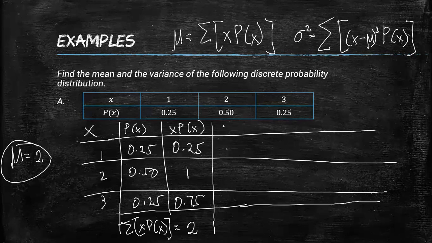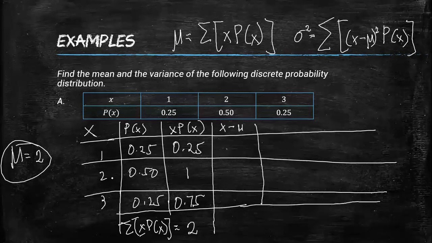Okay, so we have, ang uunahin natin class is yung pinakaloob. Okay? Which is x minus the mu. So, saan natin kukunin yung x? Dito sa column ng x. Ayan. Saan natin kukunin yung mu? Yung mu, kukunin natin sa nahanap nating mu which is 2. Okay?